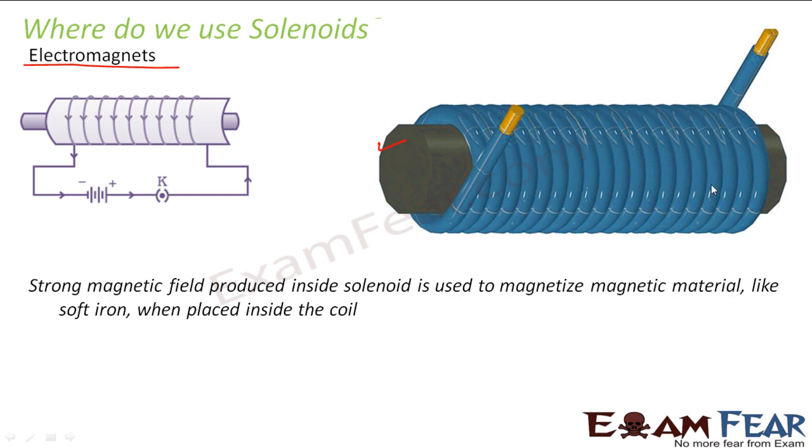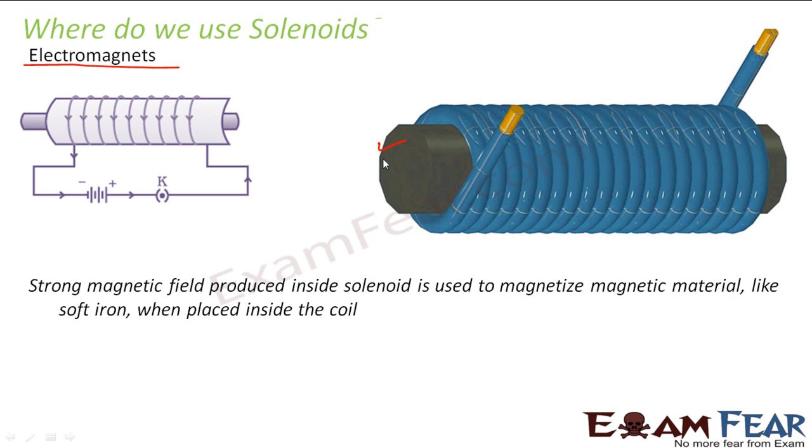You put this material inside this solenoid. Since inside the solenoid you have a very strong magnetic field, this material gets magnetized. So the magnetization of this material increases, and such materials are then known as electromagnets. Electromagnets are those magnets which have very high magnetization, so that they behave as even stronger magnets.